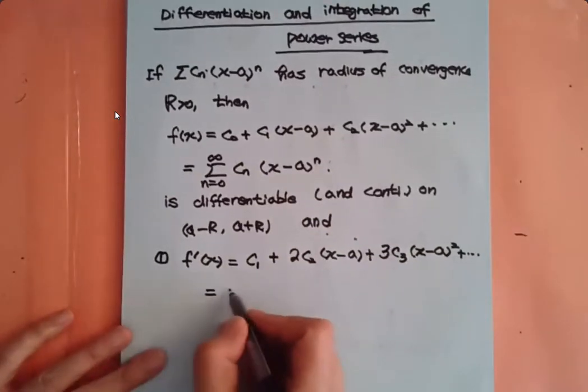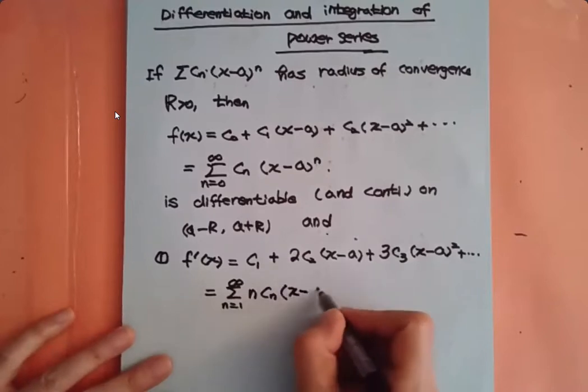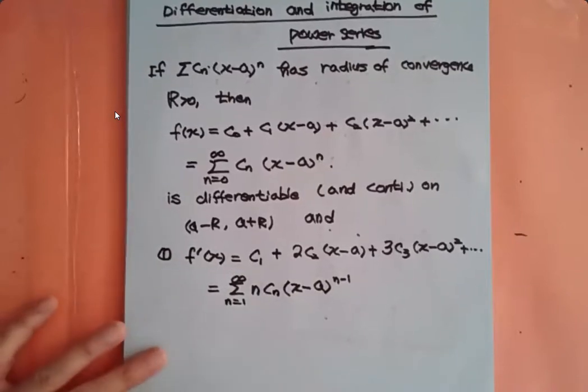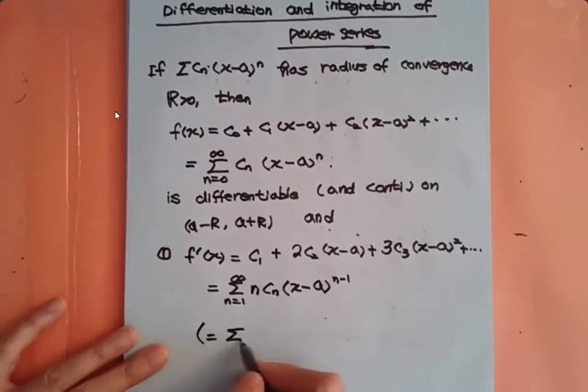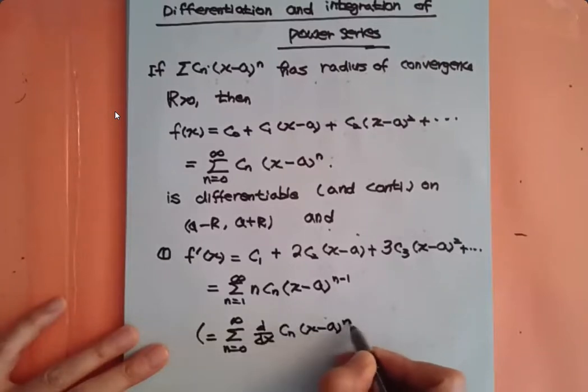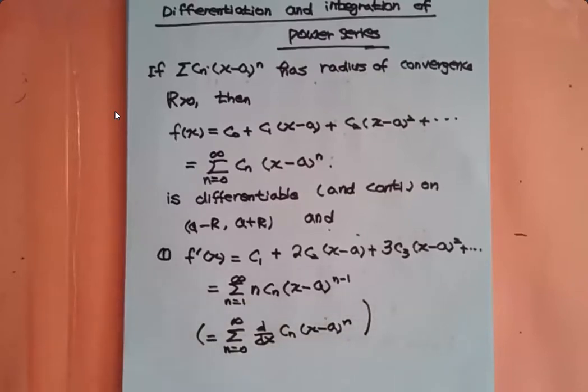That can be written as summation n equals 1 to infinity n times Cn times x minus a to the n minus 1. That came from summation n equals 0 to infinity d dx Cn times x minus a to the n power. So term by term differentiation is the differentiation of the power series when the series converges in a certain open interval.